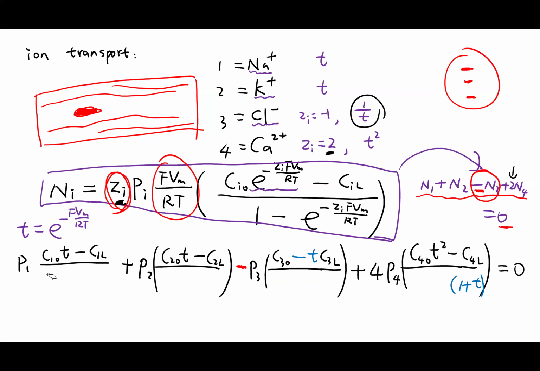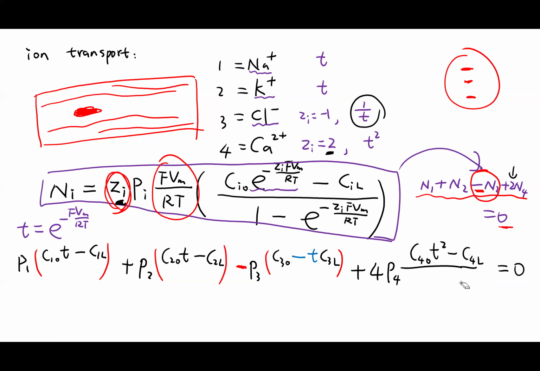You will have P3 times this, and then 4P4 times 1 plus T, right? Yes, eventually you will have an equation that looks like this. So let's write it down.